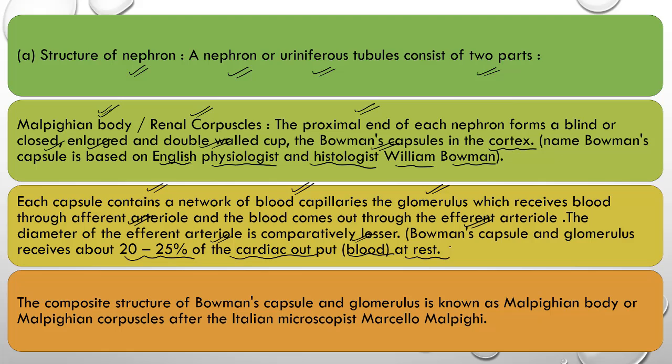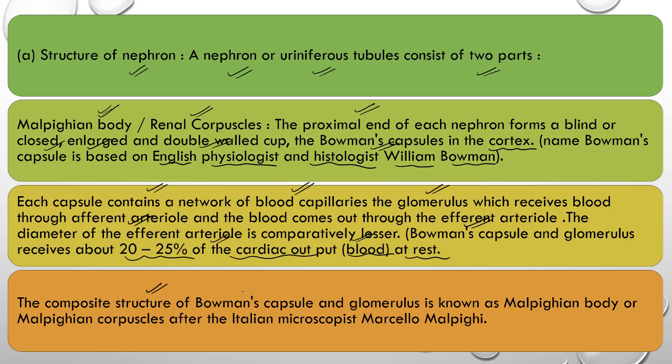Each capsule contains a network of blood capillaries, the glomerulus, which receives blood through afferent arteriole, and the blood comes out through efferent arteriole. The diameter of the efferent arteriole is comparatively lesser. Bowman's capsule and glomerulus receive around 20 to 25% of the cardiac output blood at rest.